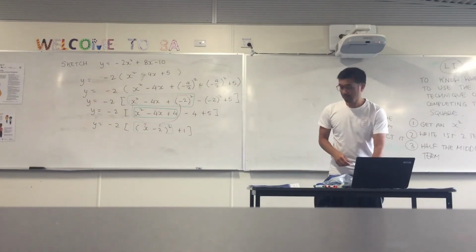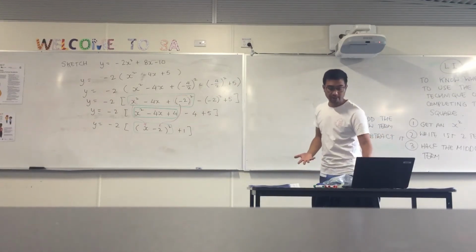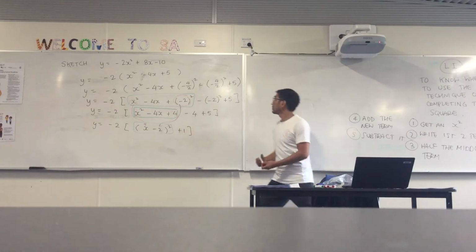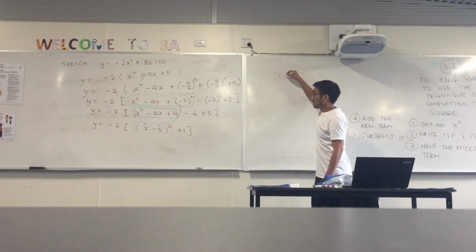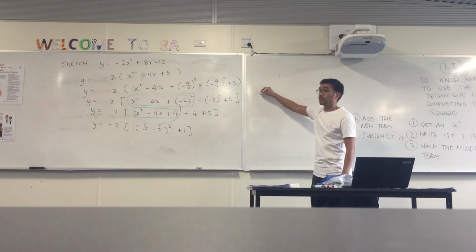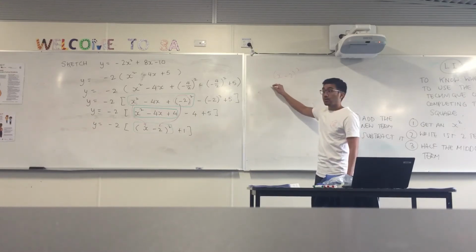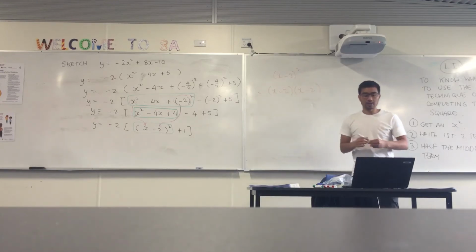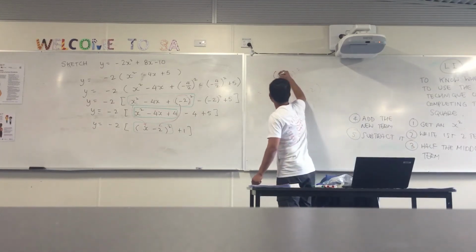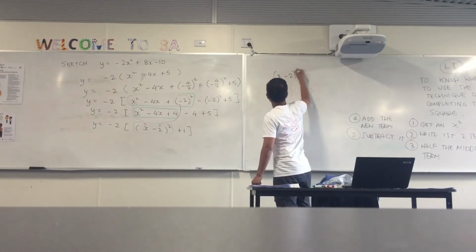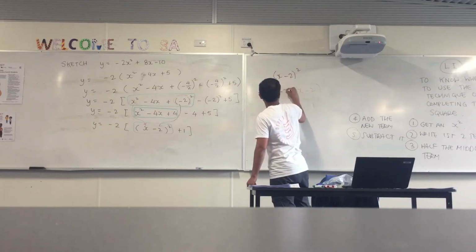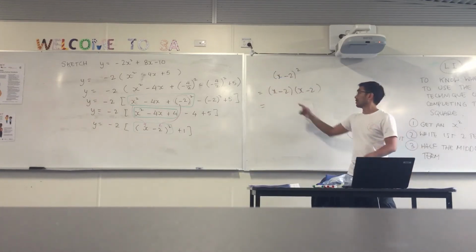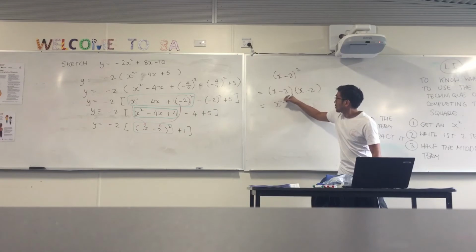And let's prove it. In a different coloured pen on the right hand side, what you might want to do is this. x minus 2 squared is the same as x minus 2 times x minus 2. I hope the camera's picking it up. x times x, x squared.